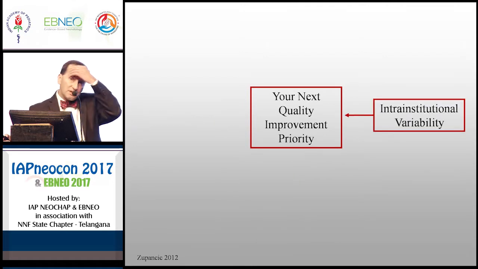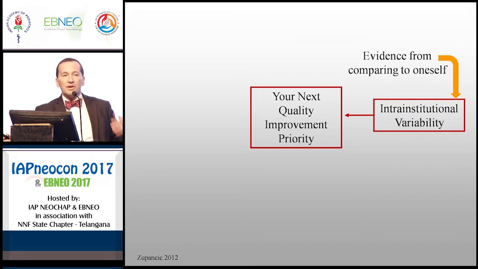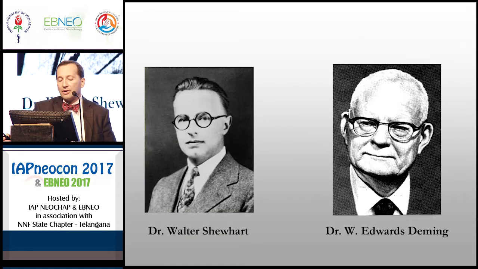Okay. What's the next approach? As we've said, it's difficult in some centers or settings to compare yourselves to others. But we can always compare ourselves to ourselves, right? And so we can use evidence from comparisons over time to drive our QI priorities.